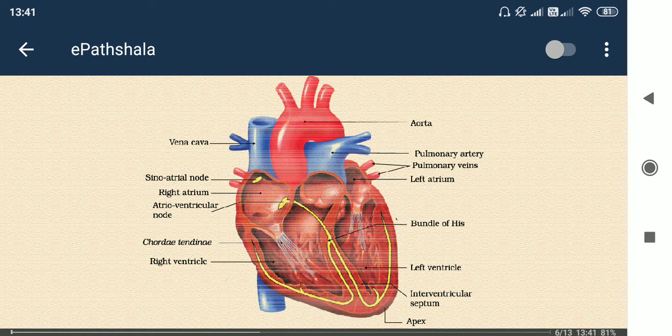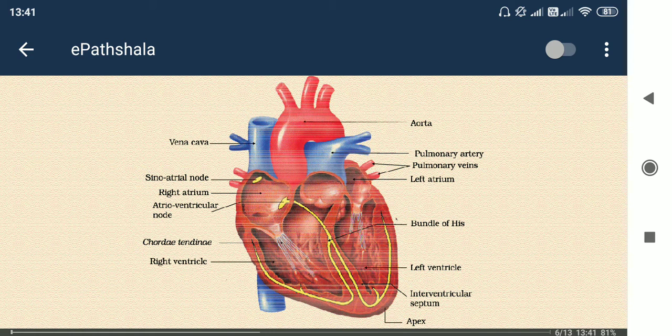Now, superior to the right atrium, you can see the vena cava written, the blue colored part. The vena cava comes from the veins.